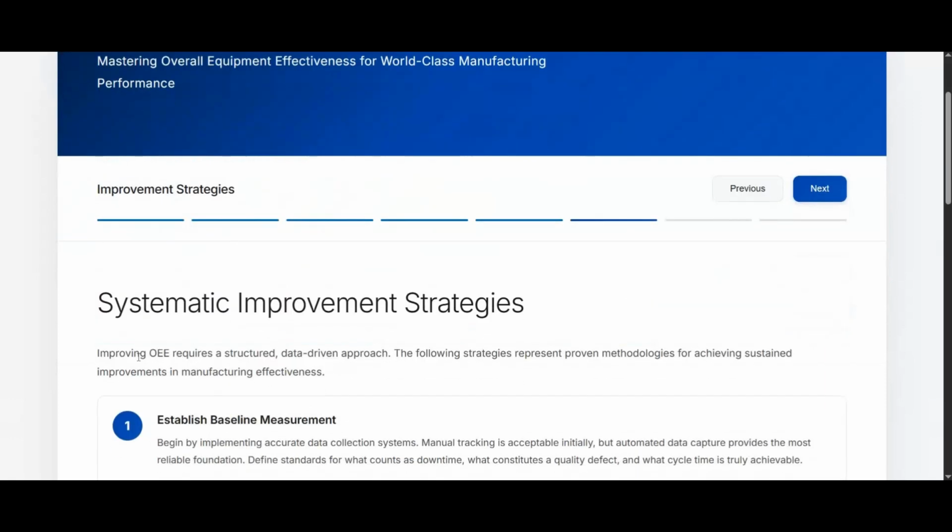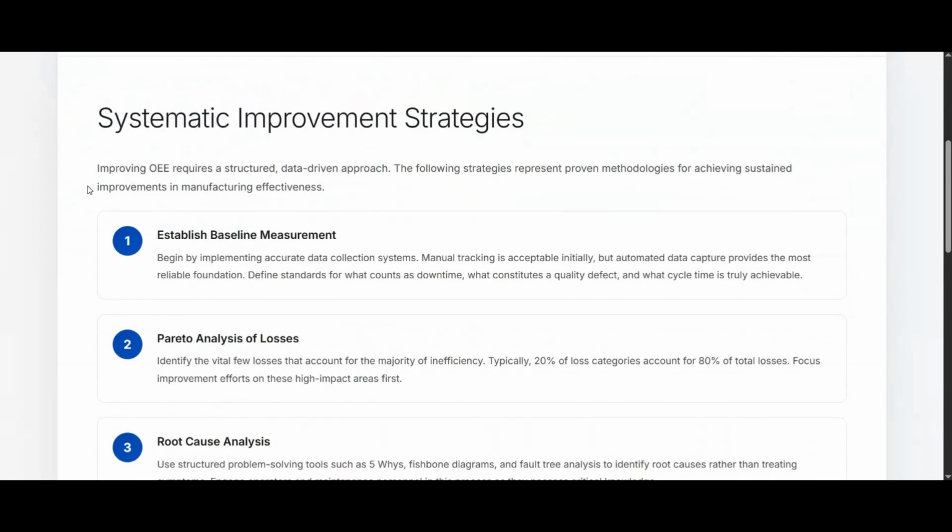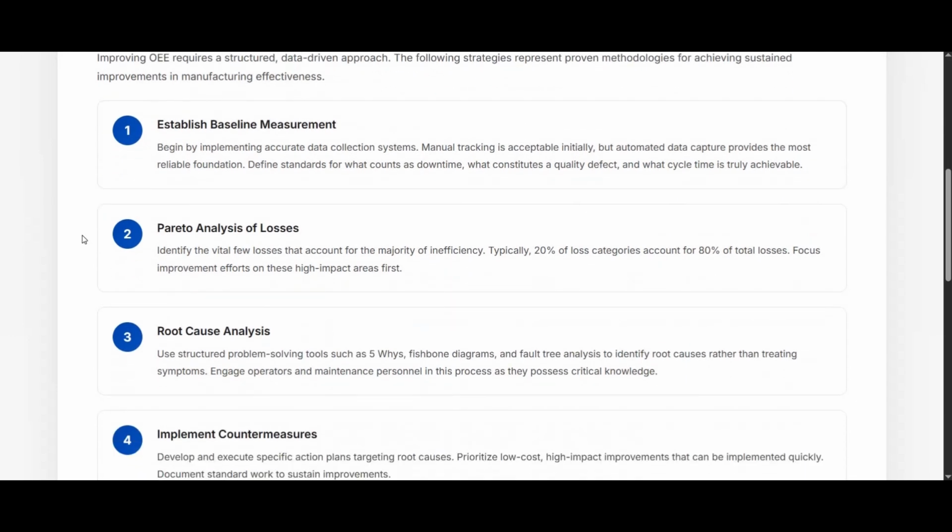Okay, this is done, and let's look at systematic improvement strategies. Alright, so how do you actually improve OEE in a structured way? It starts with measurements. Step 1 is establishing a baseline, collecting accurate data on downtime, cycle times, and quality issues.